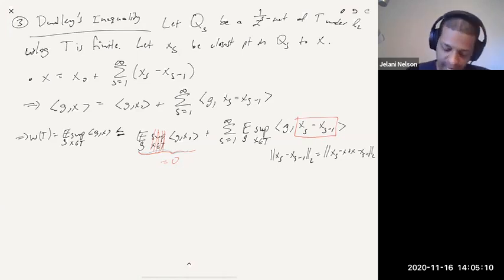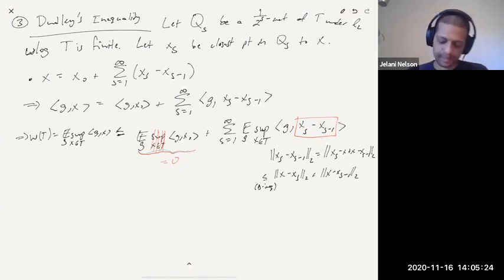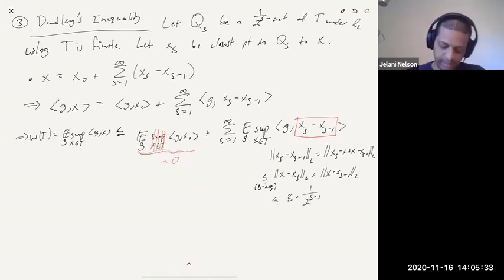I just added and subtracted x, and then by triangle inequality, this is at most the distance from x to xs plus the distance from x to xs minus 1, which is at most 3 times 1 over 2 to the s minus 1. In fact, let me just write it as 6 times 1 over 2 to the s. So it's big O of 1 over 2 to the s.